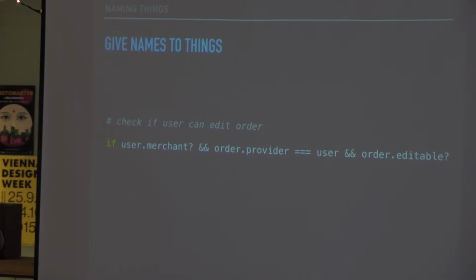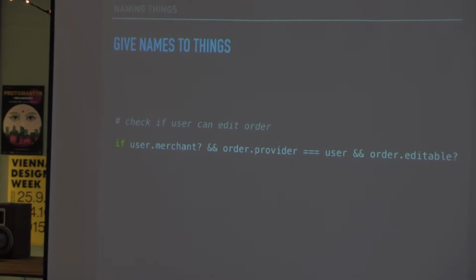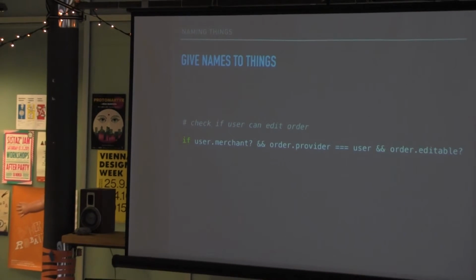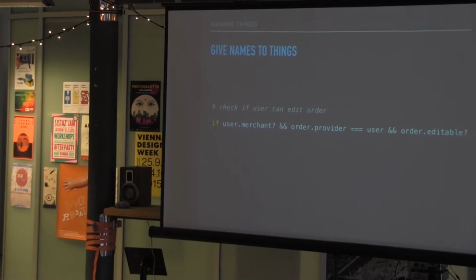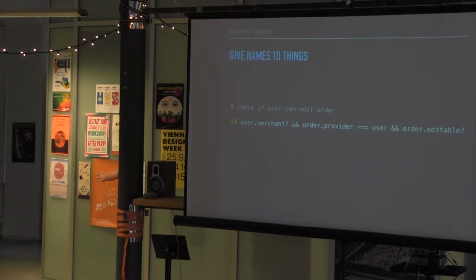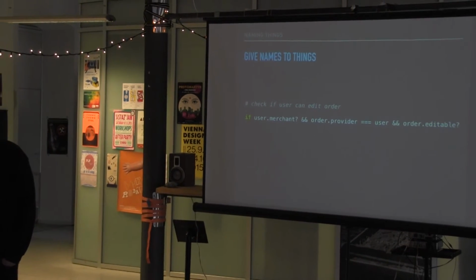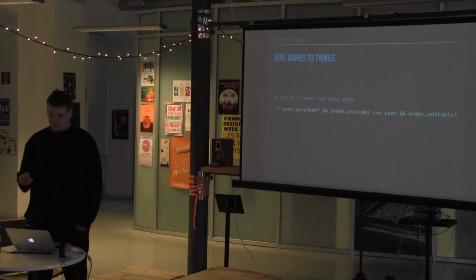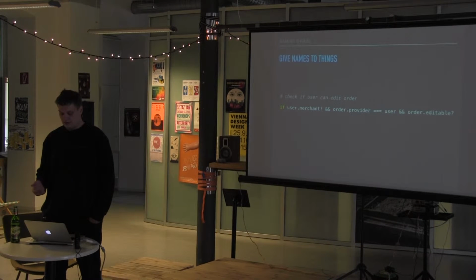So, for example, if we have an if statement that checks if a user can edit an order. So it checks for multiple conditions, if the user is the merchant, and if the order belongs to this user, and if the order is editable, then do something. But this expression, at first sight, you have to take some time to understand what it does.